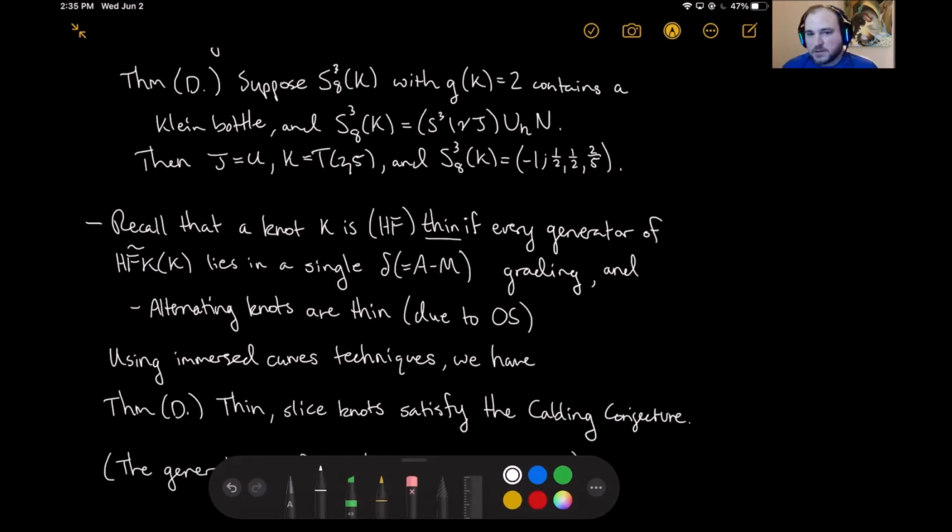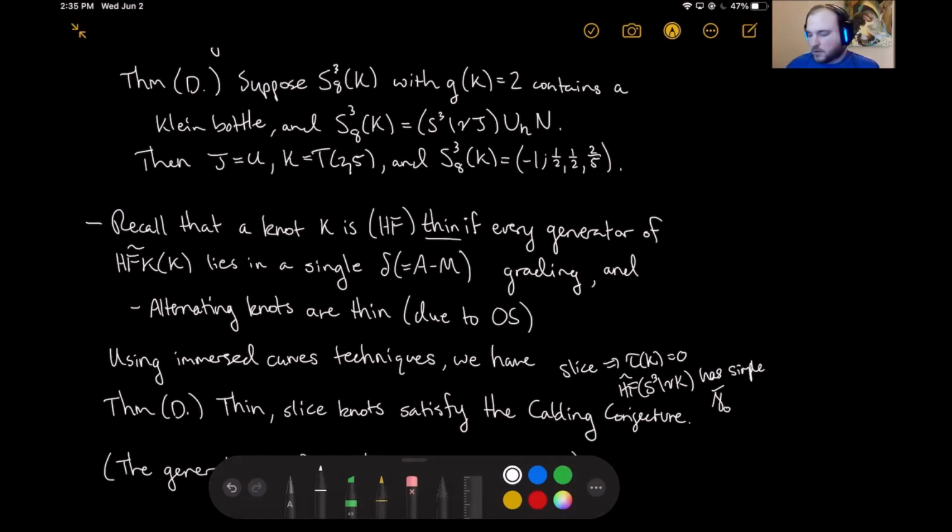One feature of slice knots is that their Ozsvath-Szabo concordance invariant tau is 0. And in that case, when tau is 0, its curve invariant for the knot complement has a very simple component, gamma 0 bar.